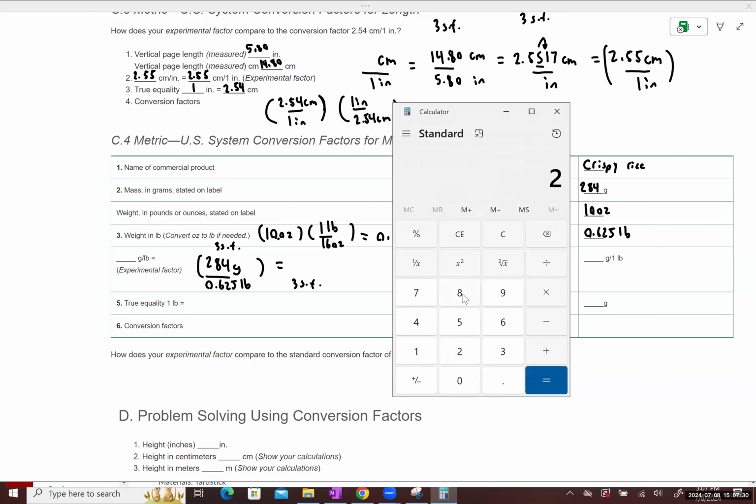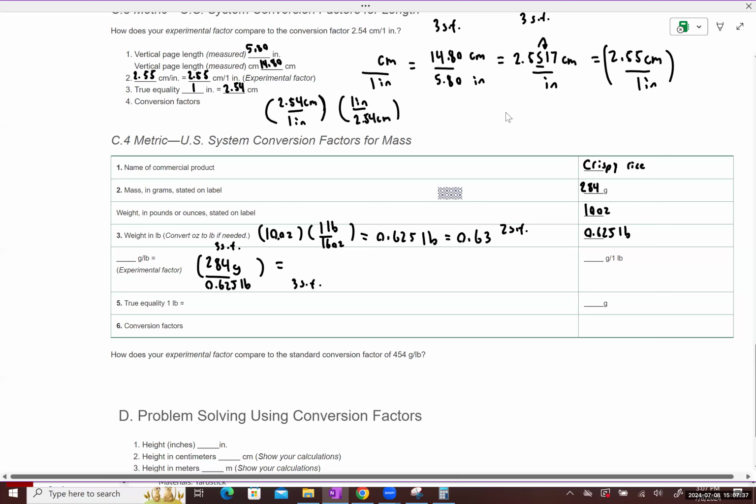So we have 284 divided by 0.625, and that gives us 454.4 grams per pound, which we round down to 454 grams per pound.